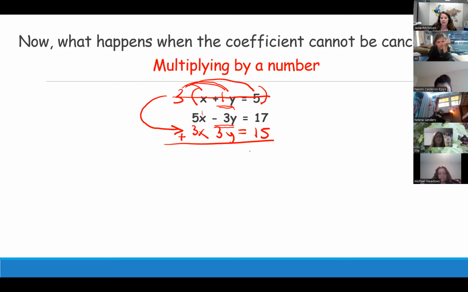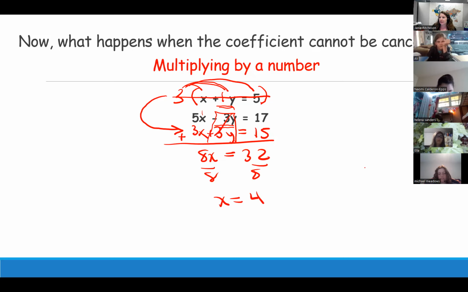So I'm still combining my like terms. So 5x plus 3x is 8x. My y's eliminated themselves, gone. And 15 plus 17 is 32. So now when I divide by 8, x equals 4. Okie dokie.